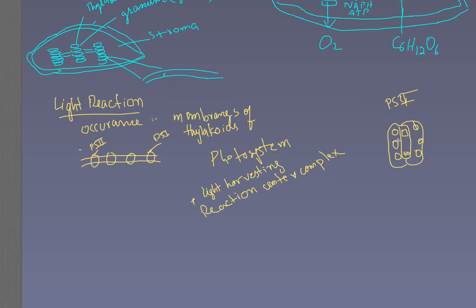This is called photosystem 2. The pair of chlorophyll present in it is called P680. Why is it called P680?